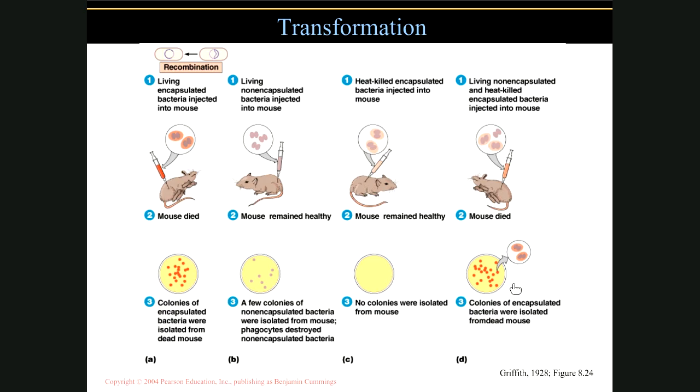But he injected them with live non-encapsulated Strep and dead encapsulated Strep. And we just saw here, live Strep, no capsules, do not kill. Dead Strep with capsules do not kill. So both of these do not kill. Mix them together and put them in the mice, and they kill. And what they find are live encapsulated Strep reproducing inside the mice.